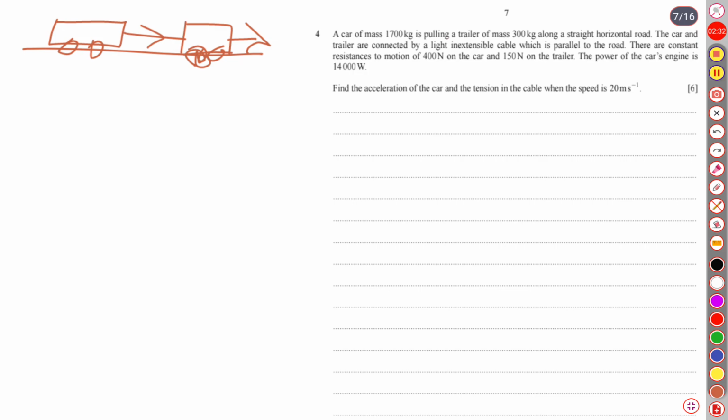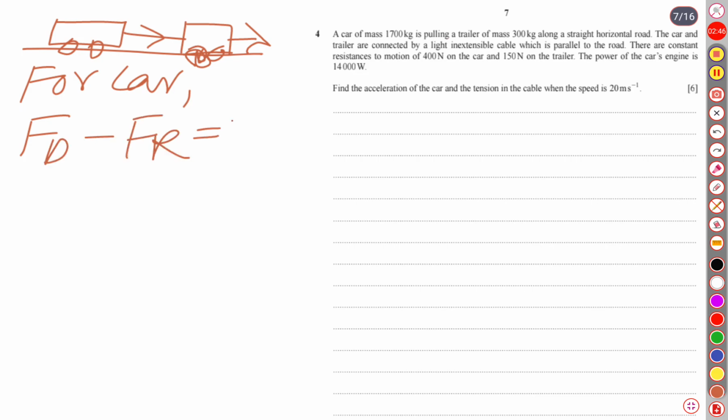So first of all, for car, the concept is actually driving force minus resistance force equal to mass into acceleration.